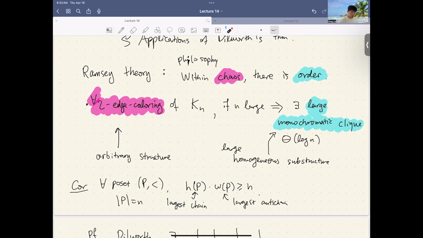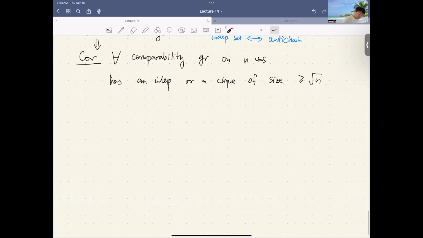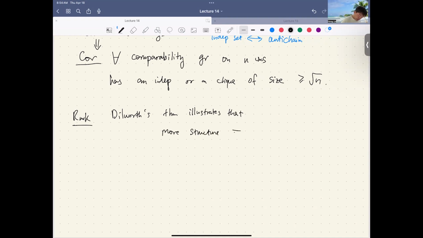And then we try to find a homogeneous substructure, meaning that we find a subcollection in which pairwise the geometric objects, with respect to some binary relation, behave the same. So, as I said, this remark illustrates the dual theorem, illustrates that more structure implies better Ramsey.